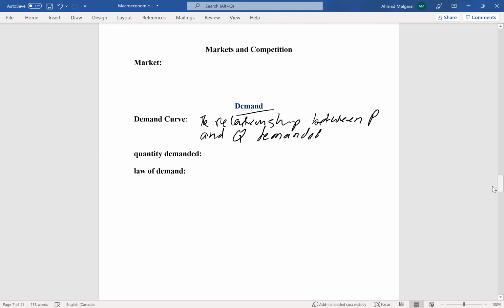Now, what is quantity demanded? Quantity demanded is the amount of goods that consumers or buyers are willing to purchase.